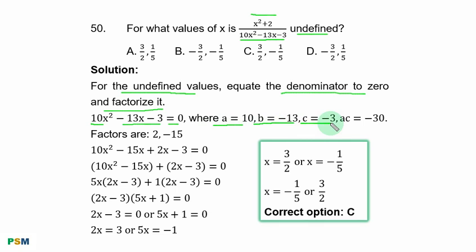Because a is not equal to 1, you have to get AC, which is minus 30. So you find two factors of 30 whose sum is minus 13 and the product is minus 30. Such factors are 2 and minus 15. You express them in terms of s and replace the middle term with them in this form.